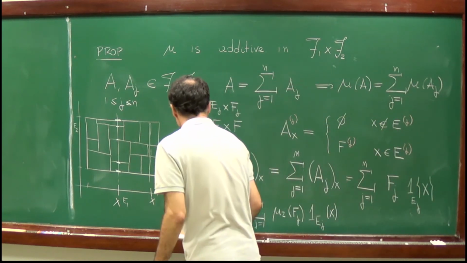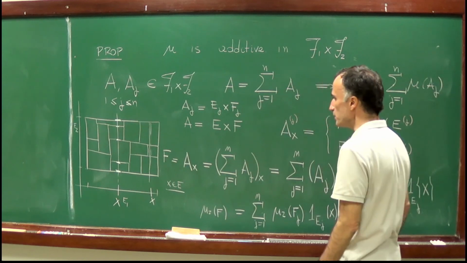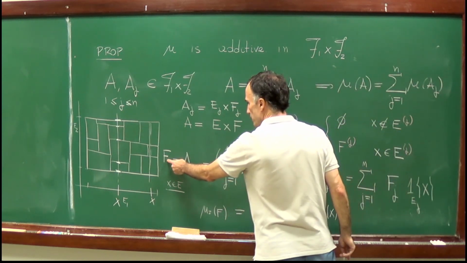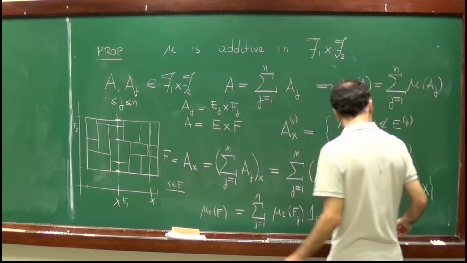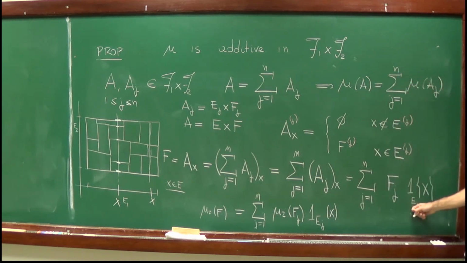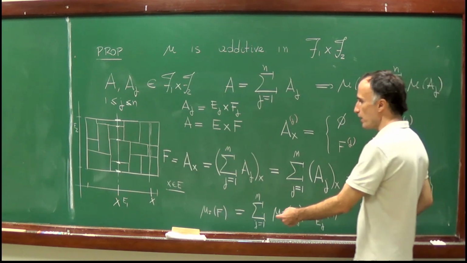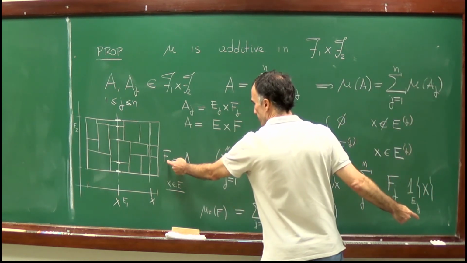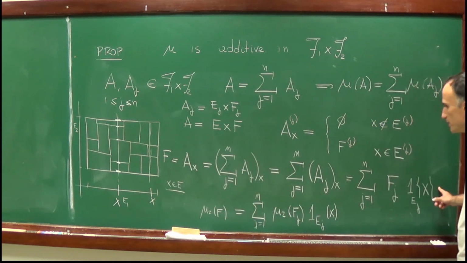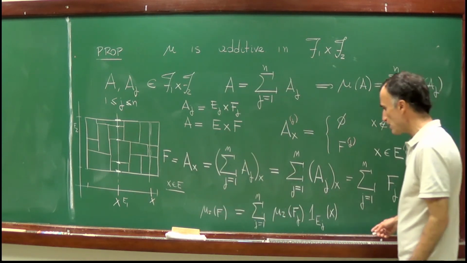And if x does not belong to E, what we have is that A_x is the empty set. Since all these sets E_j are contained in E, we have here only empty sets. And so we have a trivial identity that the empty set is equal to the union of some empty sets.